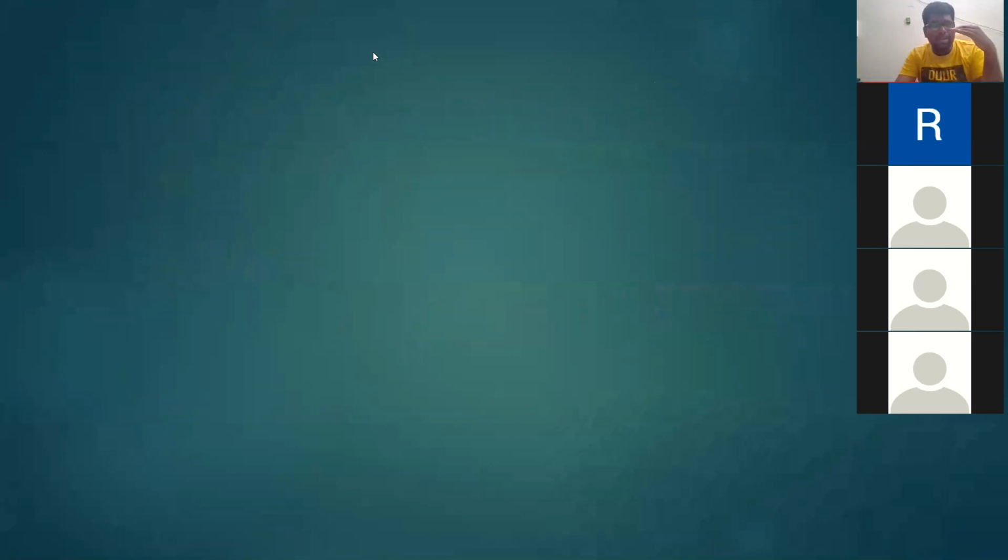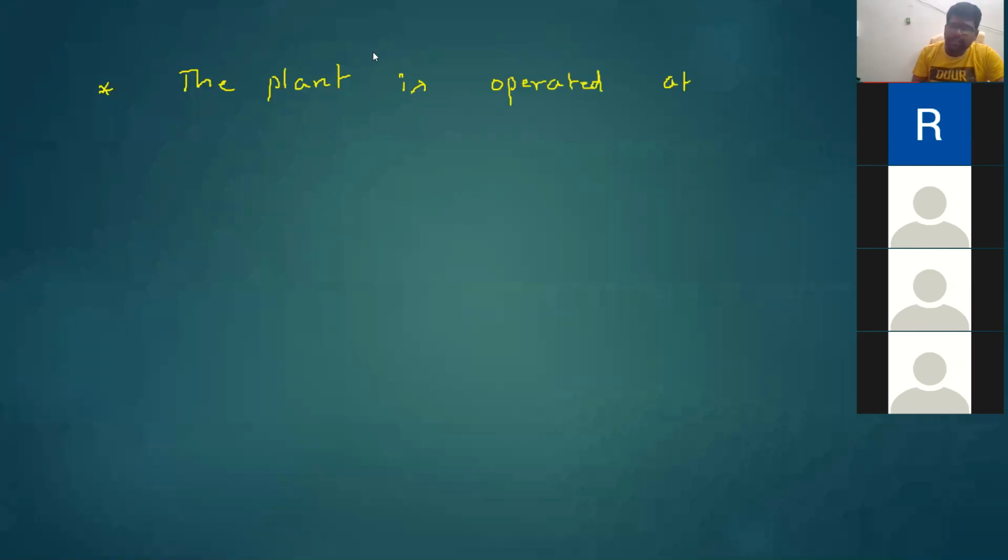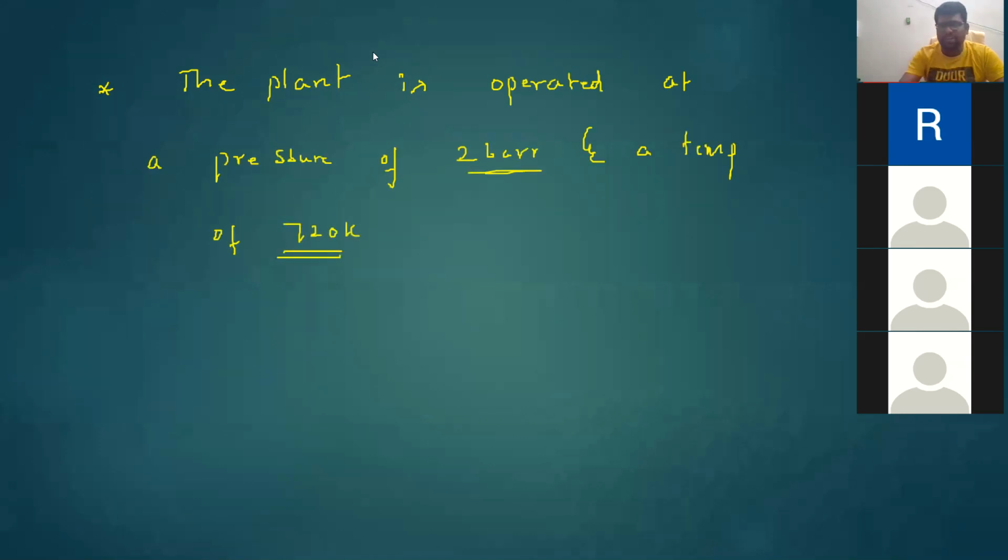So the plant is operated at a pressure of 2 bar and a temperature of 720 Kelvin. So these are the temperature and pressure conditions.